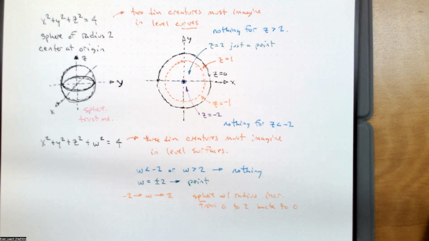It starts off with a radius of 0, which is just the point. Then it increases to a radius of 2, and then shrinks back down to a point and then disappears.